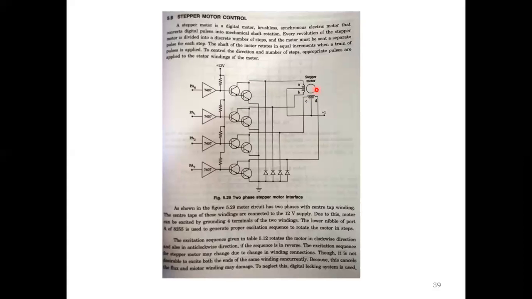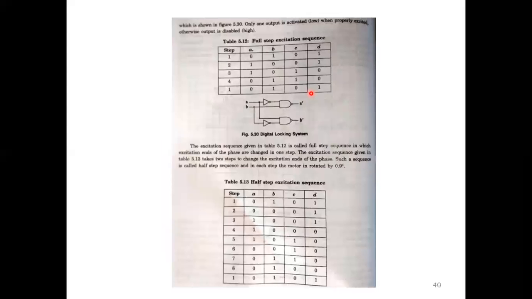The excitation time period between the two coils defines the stepper motor angle, because we can use a full step excitation process or a half step excitation process. In full step excitation, each step rotates by 90 degrees. For the first step we excite B and D only, for the second step A and D, for the third step A and C, and for the fourth step B and D. So each step rotates 90 degrees.